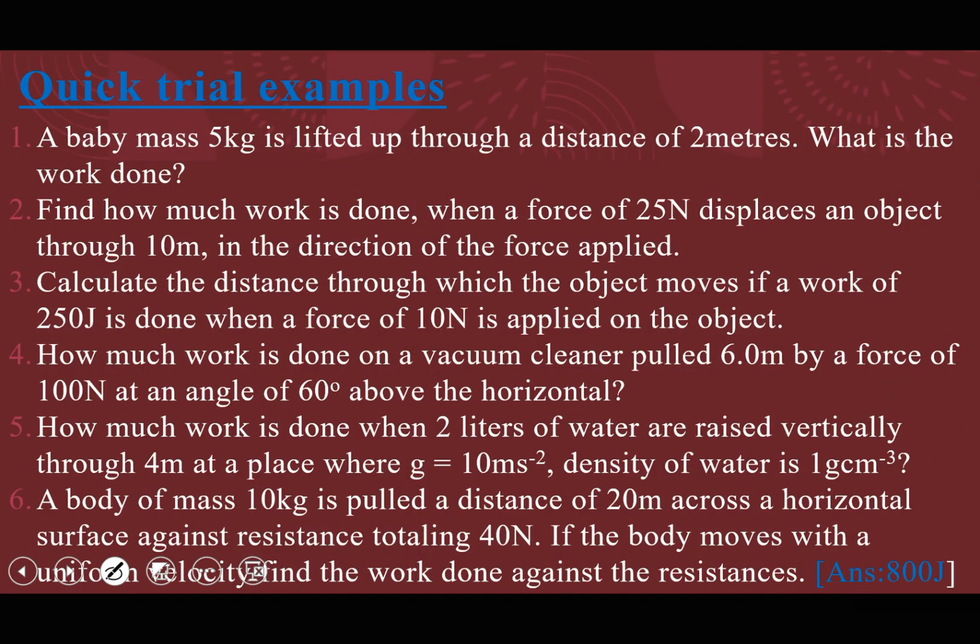Question number 1: a baby of mass 5 kilograms is lifted up through a distance of 2 meters. What is the work done? These are easy questions, so I'll just give a hint very fast. Mass 5 kilograms, distance 2 meters. The work done is equal to force times distance in the direction of the force.